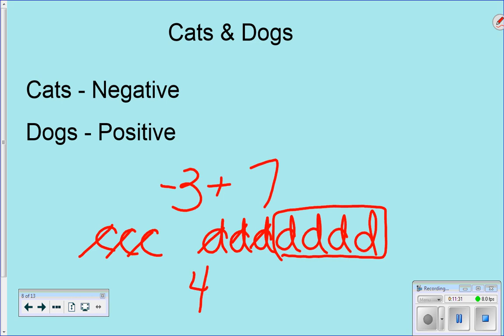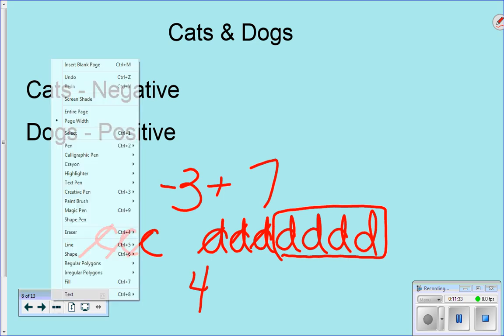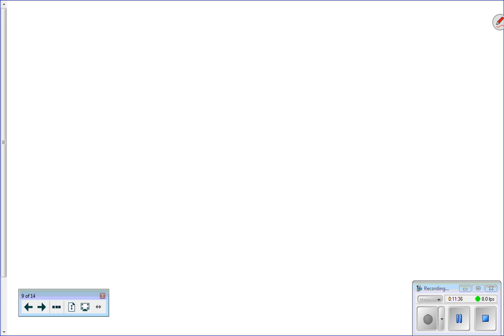Okay, let's do another one. I'll do another one for you. Let's do negative 4 plus 10. Okay, so what do you know? Somebody tell me, what do you know about this problem? Olivia. Whoa, whoa, whoa. 4 cats. And how many dogs? 10. So what number's smaller? 4.